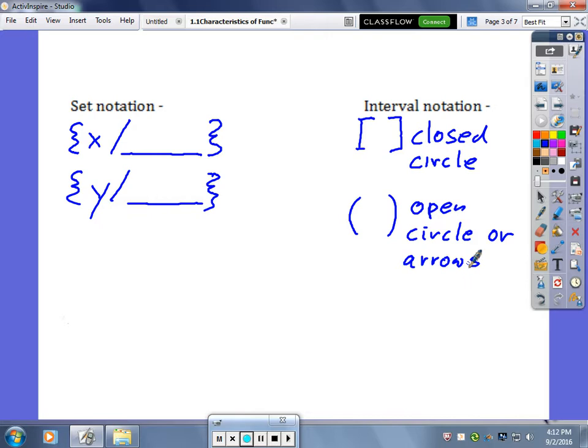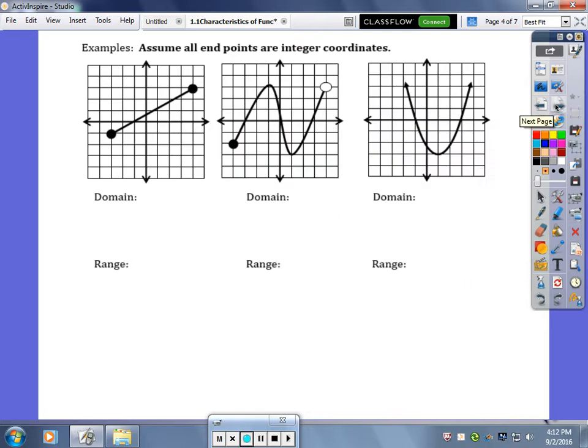Let's look at a few examples. And we're going to assume for these examples that all endpoints are indeed integer coordinates.